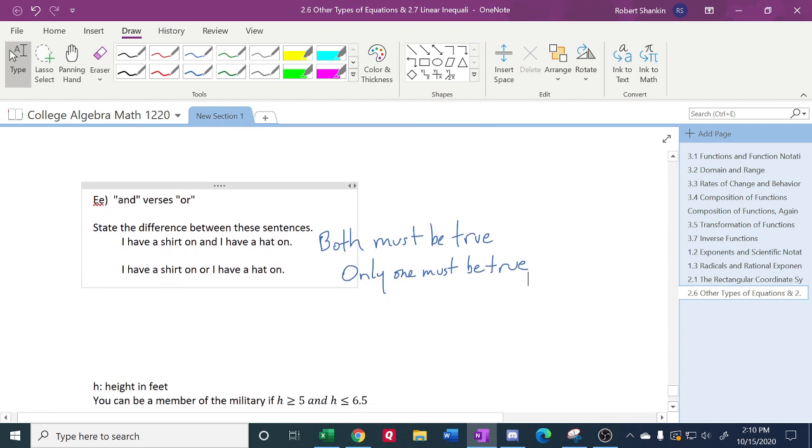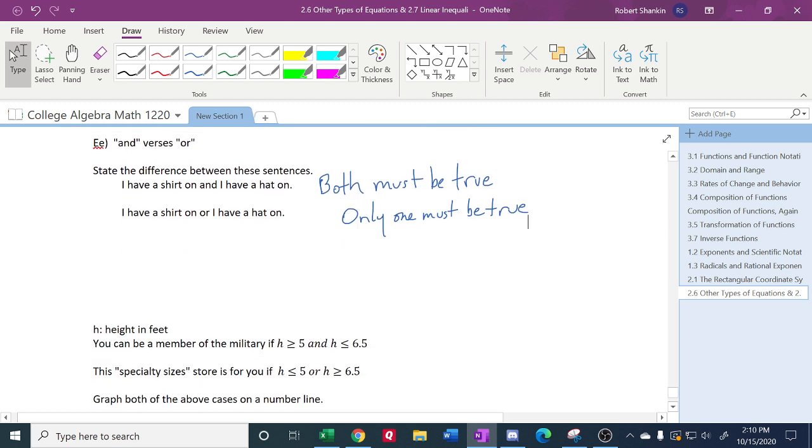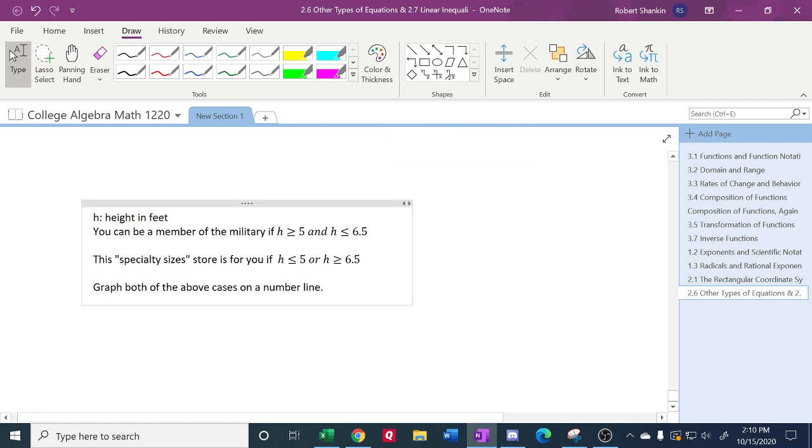And, alright, we use this in situations like, suppose height h is height in feet. Did you know that in order to get into the military, there are height restrictions?